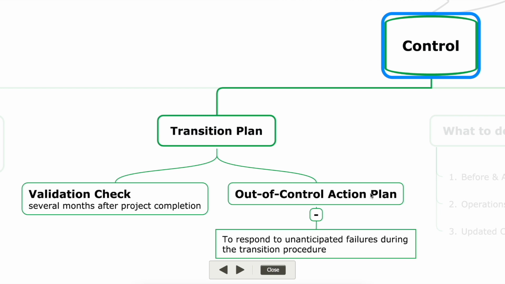In order to respond to those failures, we must have an action plan that can help the transition process go without an error. So if some failure occurs, we must provide a plan to the owner on how to tackle that failure.